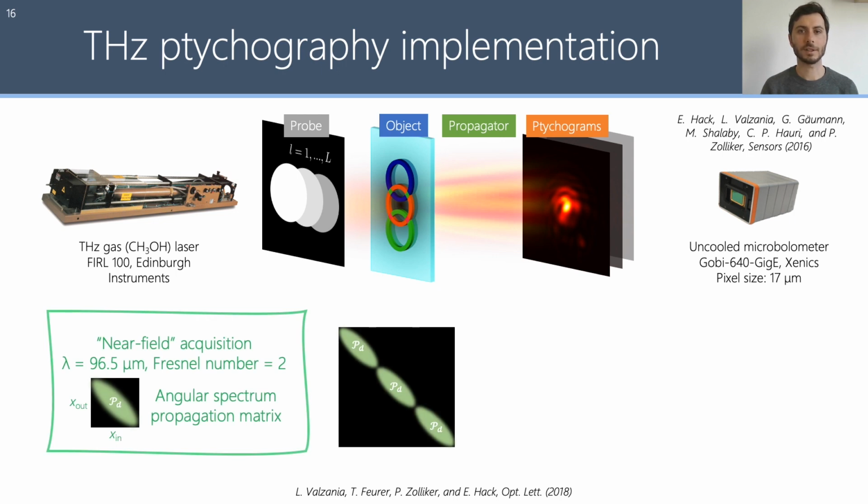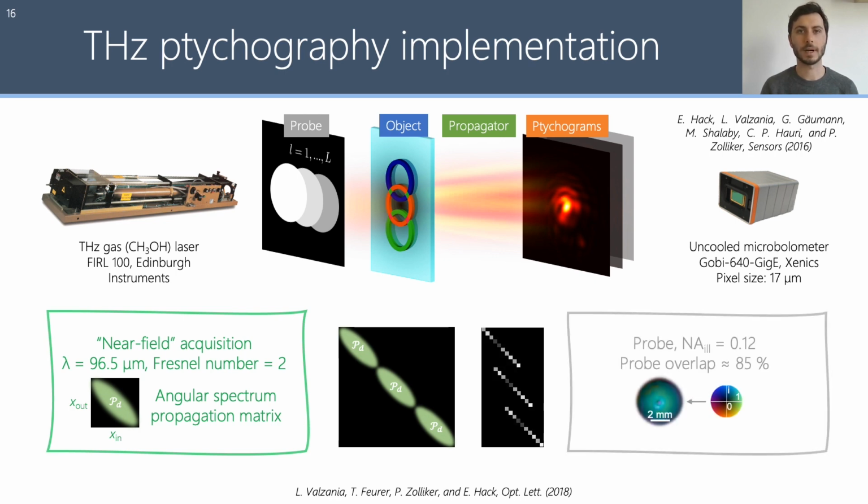We used a near-field ptychographic setup where free space propagation was modeled with the angular spectrum method. The object was a transparent plate where 3 intersecting rings were ablated at different depths. It acted as a phase-only object, and it was scanned by a probe defined by a circular aperture.